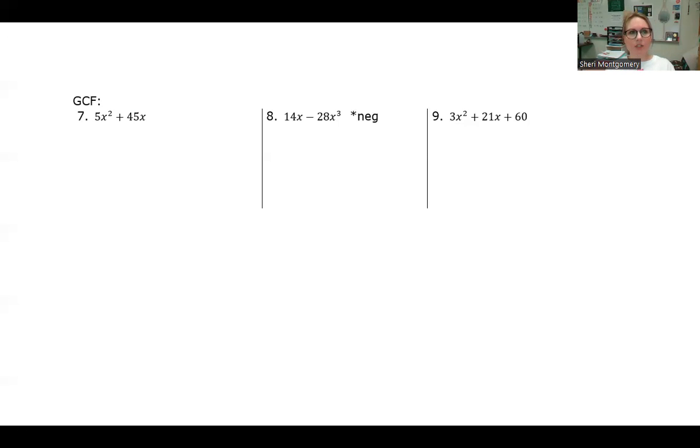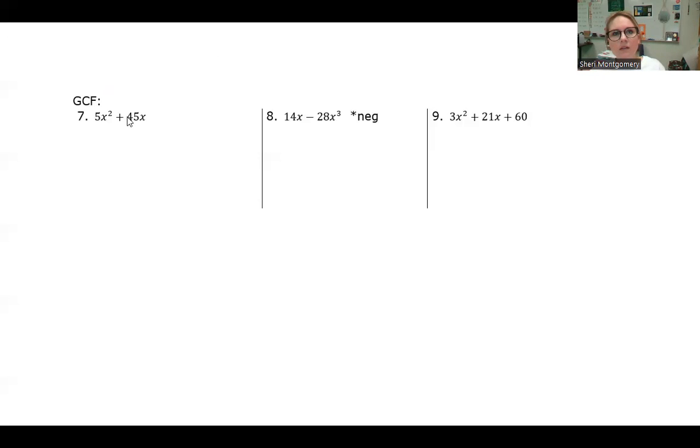So greatest common factor, we're looking for the biggest thing that we can basically divide out of both of them. To show me your work, you're going to first look at the numbers or the coefficients. We have a 5 and we have a 45. Factors are things that multiply to give you a number.